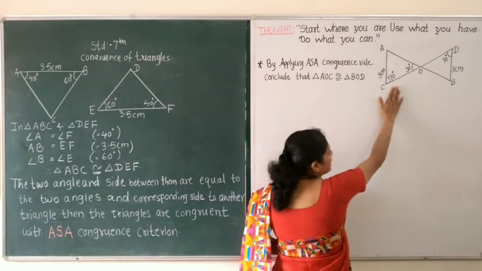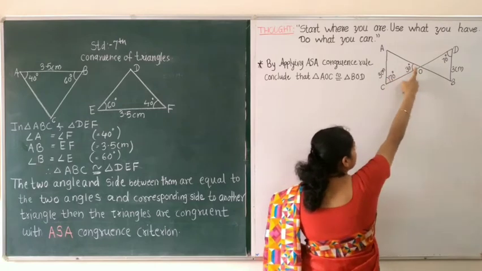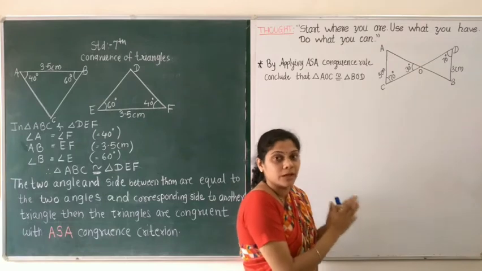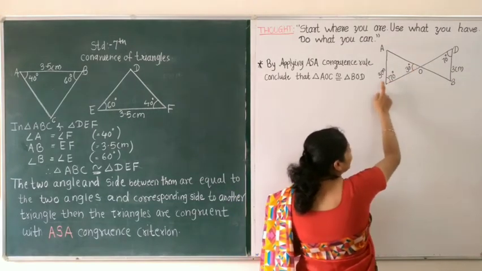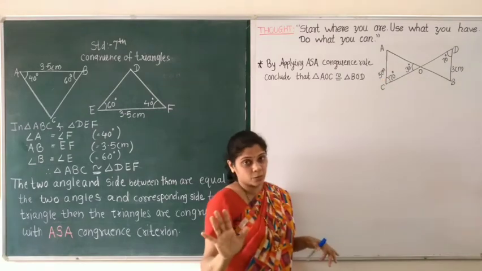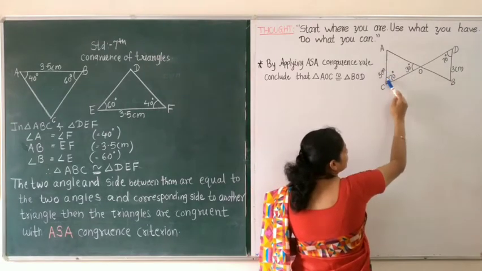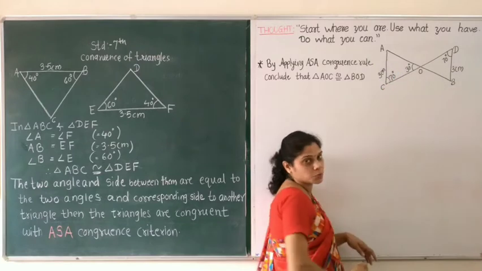In triangle AOC, they give us the measurements of two angles and a side. From the diagram we can say that they give us the measurements of two angles, but the side is not included by the two angles. Here are the two angles, but this side is far away from them.